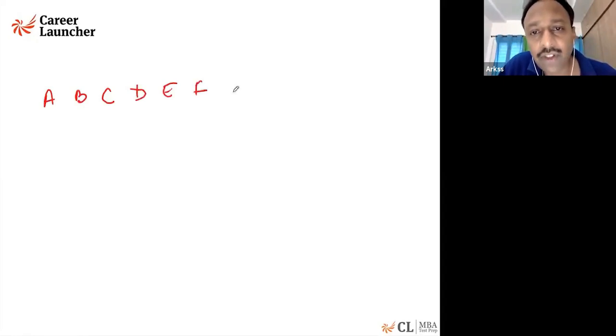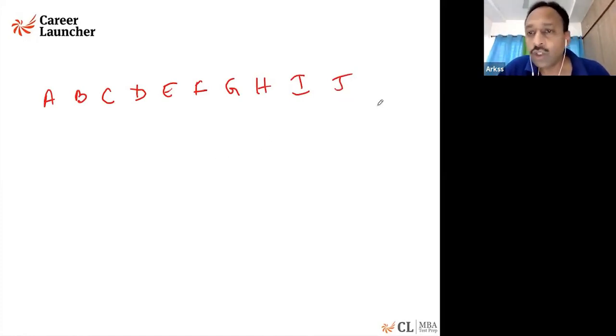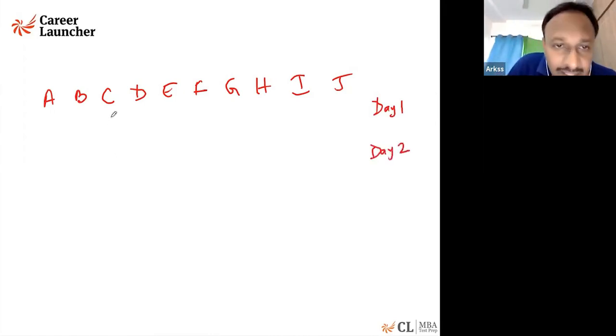So the first thing I know, let's look at A, B, C, D, E, F, G, H, I, and J. There are 1, 2, 3, 4, 5, 6, 7, 8, 9, 10. So I have day 1 and I also have day 2. Day 1, this guy is 6. Sorry, day 2, this guy is 20.